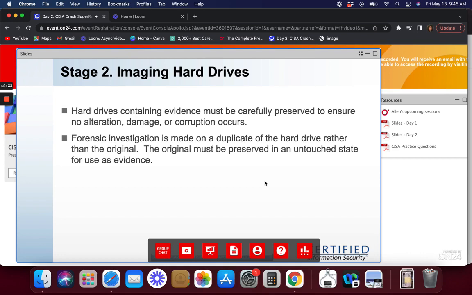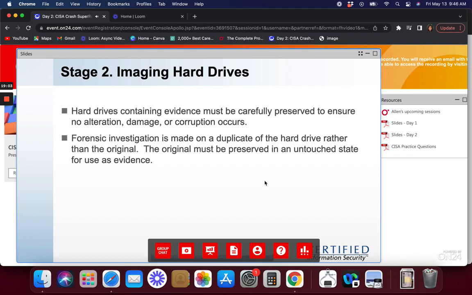Simply opening a file on a hard drive, even if you didn't change what you thought the data content was, opening the file changed the metadata that's stored with the file, the last open date. And guess what happens in a court of law? Who was the last person to modify this file? You were. I didn't change anything in the file. Yeah, you did. You opened it. That's the last open date. That's metadata that changed. You were the last person to modify that file.